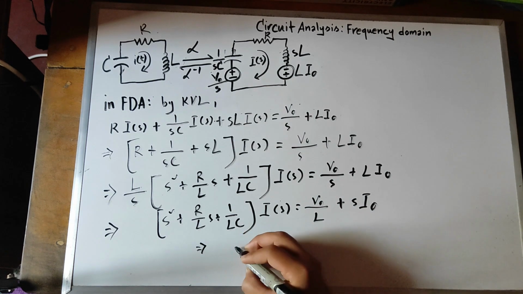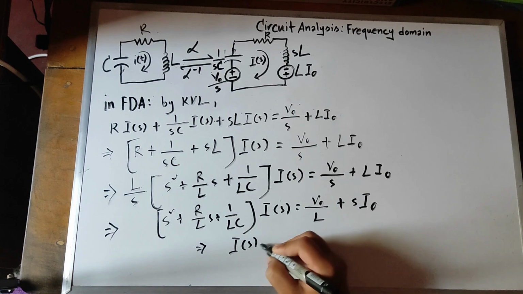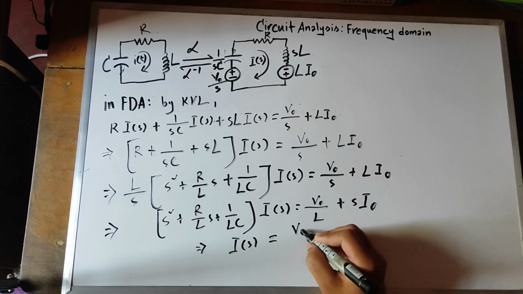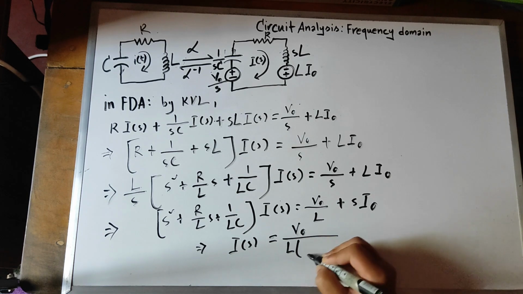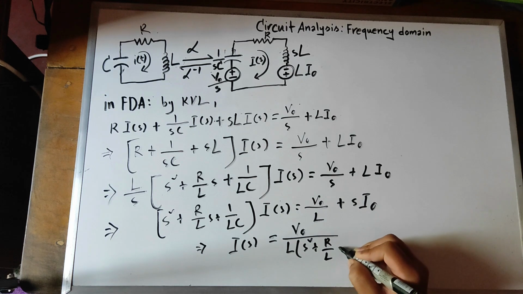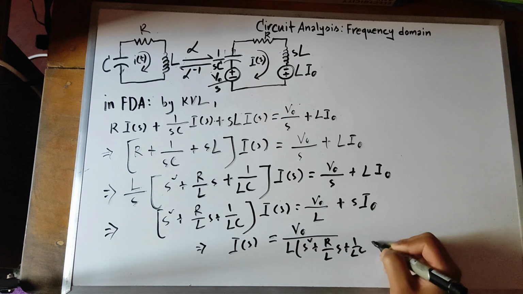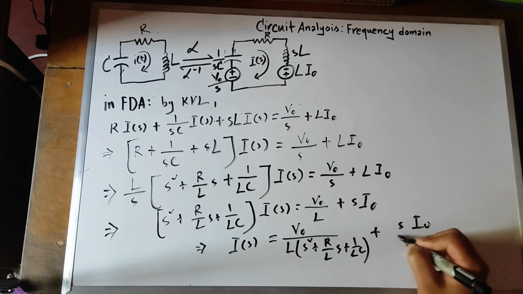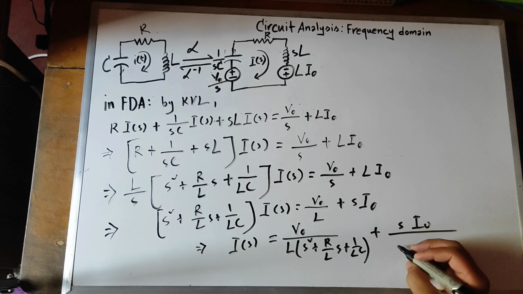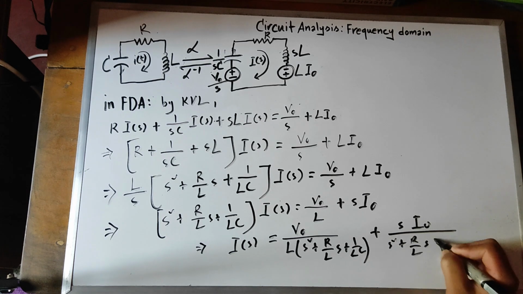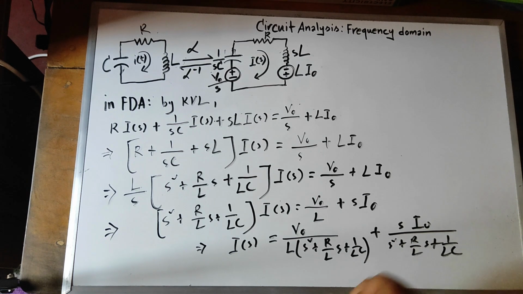Now we just have to find I(s), the current. So I(s) equals V0 by L over S square plus R by L S plus 1 by LC, plus S I0 over S square plus R by L S plus 1 by LC.